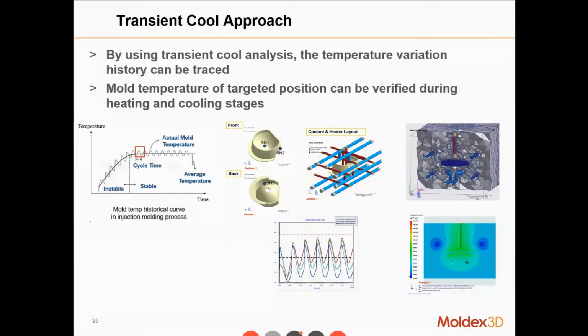And one thing to mention here, because you have the cooling channel installed in the system, in real time it will create some kind of fluctuations throughout the whole site, throughout the production cycles, maybe 10, 15, 20 cycles.